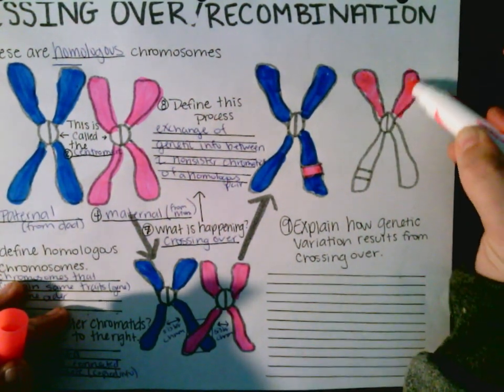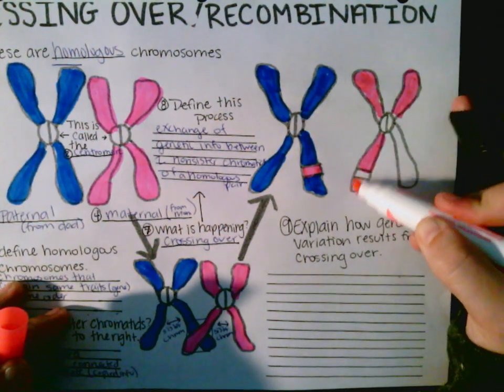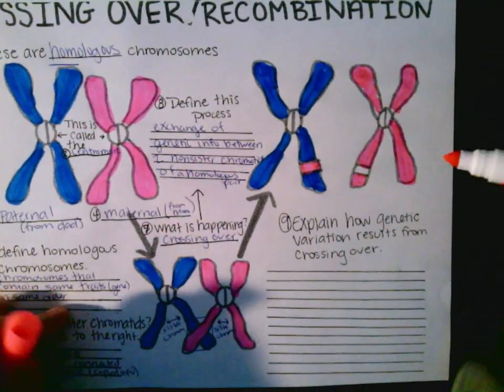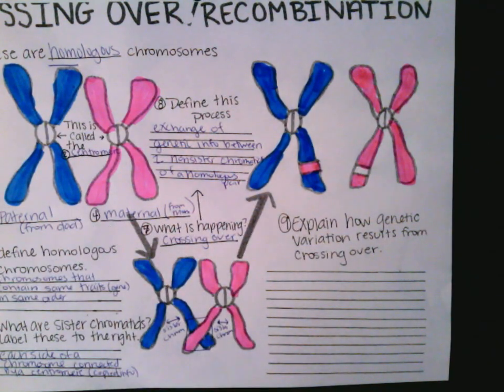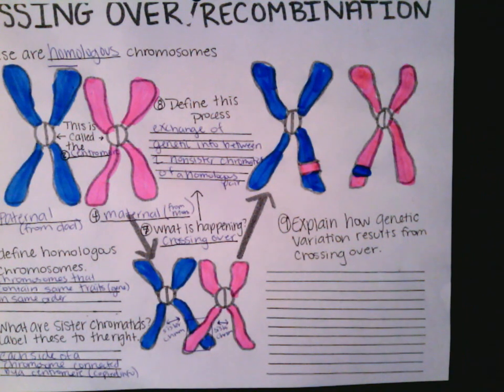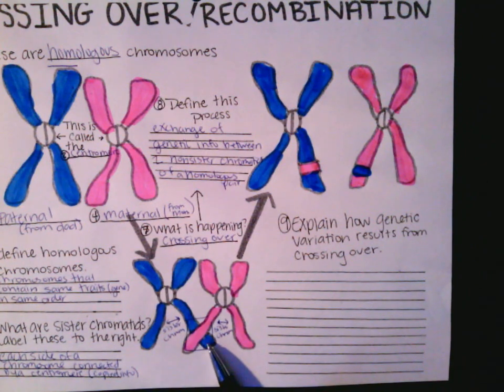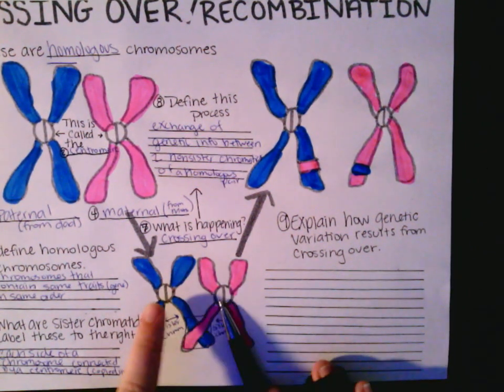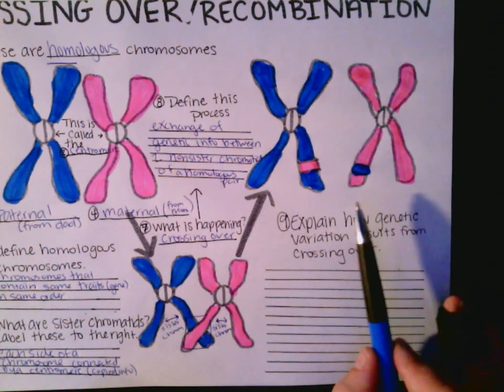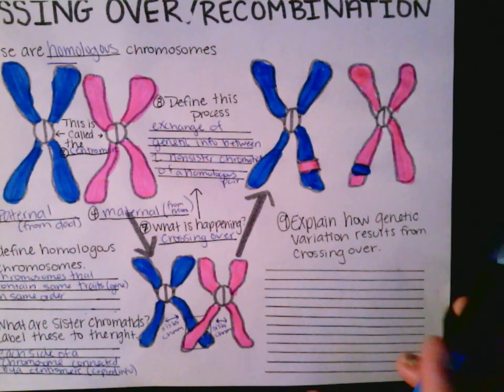We're actually going to have a small sliver of dad's genetic information on the maternal chromosome. So once again, that happened right here through the process of crossing over. Those two non-sister chromatids connected, swapped information, and then they're going to separate later on in anaphase 1.